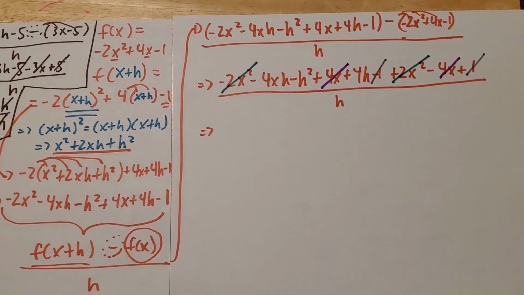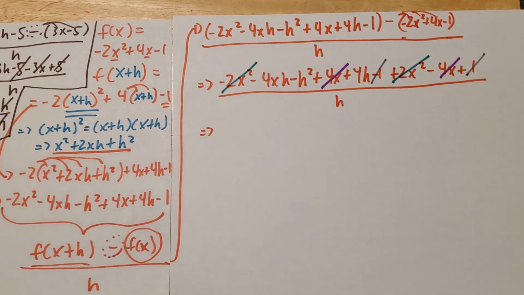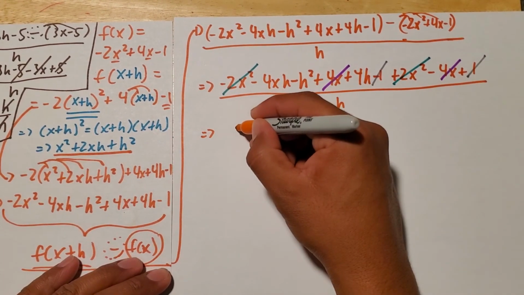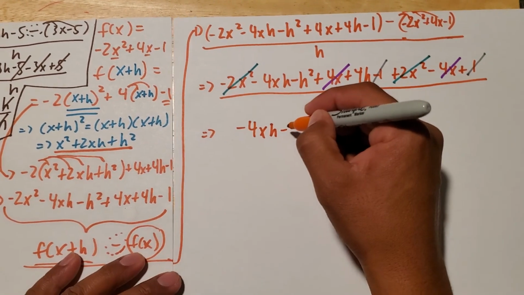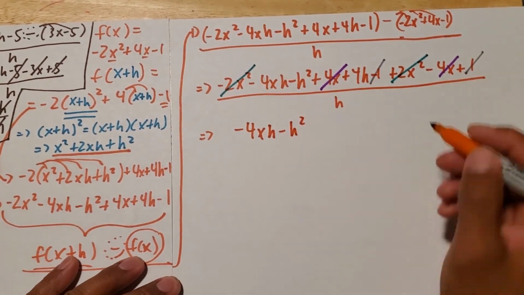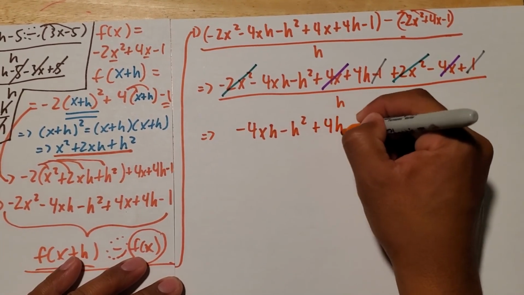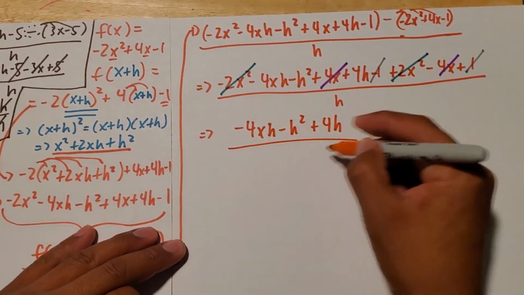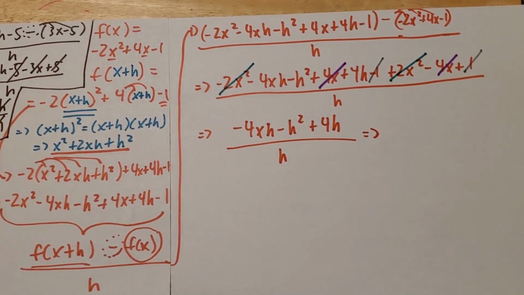These are all things I can cancel out. So then that would leave me with just negative 4xh minus h squared plus 4h, all over h.